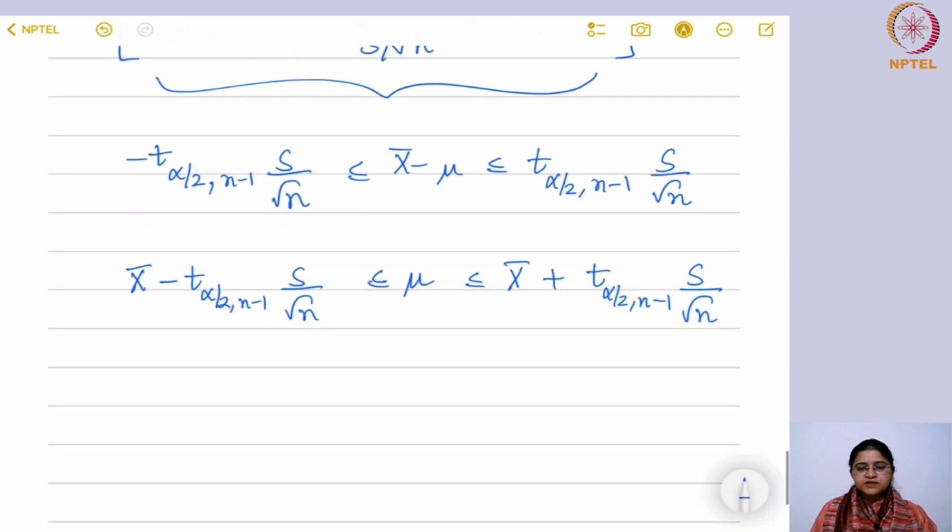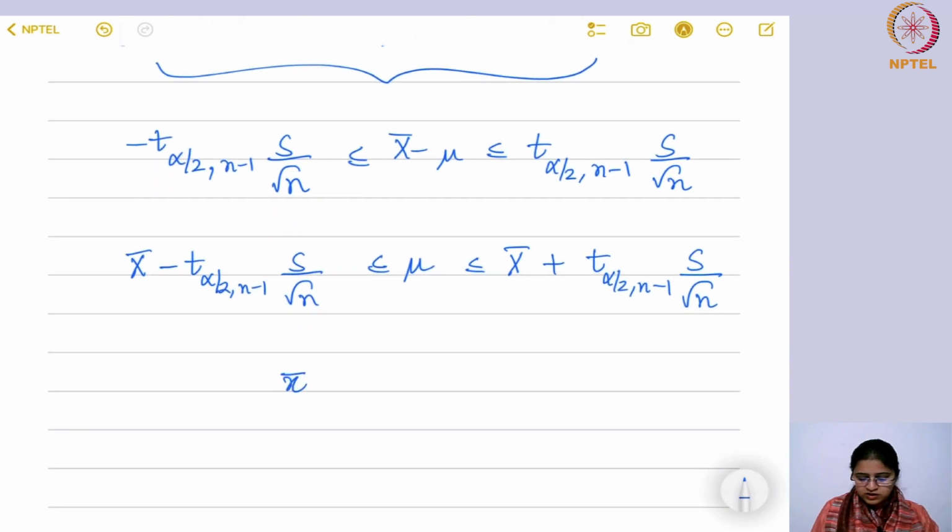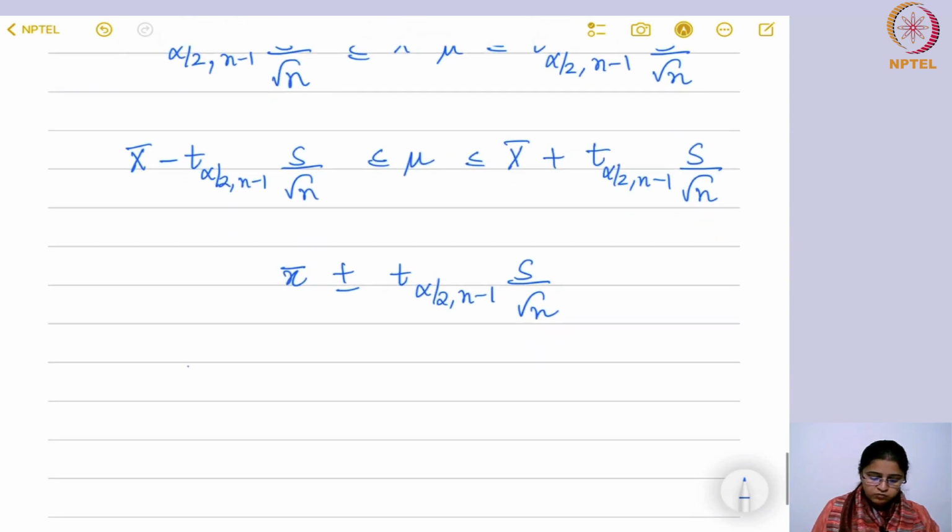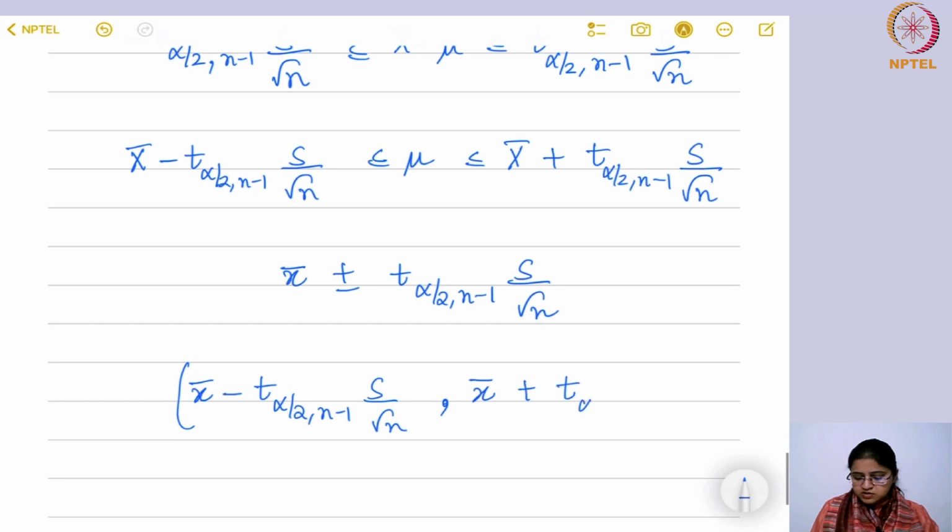So this is the interval that we obtain. If you can recall, in the slide it is mentioned as x bar plus minus t alpha by 2, n minus 1 s by root n, or you can write it in the form of an interval, that is x bar minus t alpha by 2, n minus 1 s by root n to x bar plus t alpha by 2, n minus 1 s by root n.